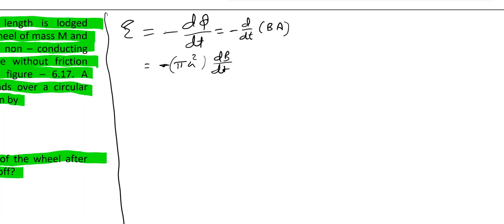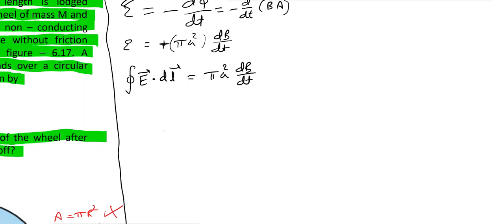Now considering only the magnitude of the EMF, this can be written as plus pi a square dB by dt. From previous chapters, you must know that the potential difference over a closed loop is the integral of E dot dl. So E dot dl is pi a square dB by dt. If you integrate over the circle, you get E into 2 pi r equals pi a square dB by dt.